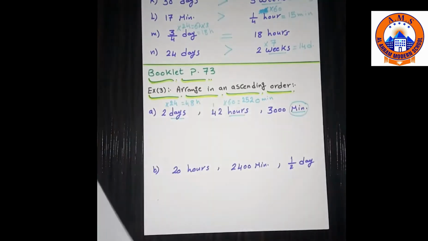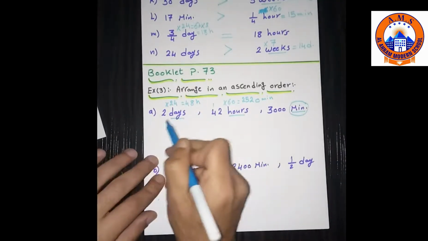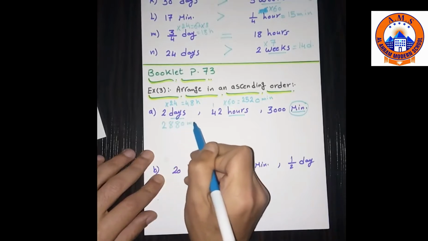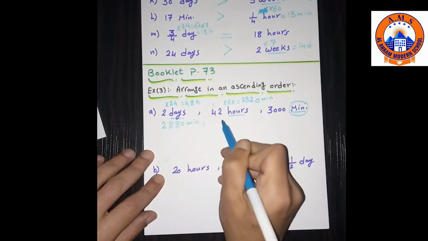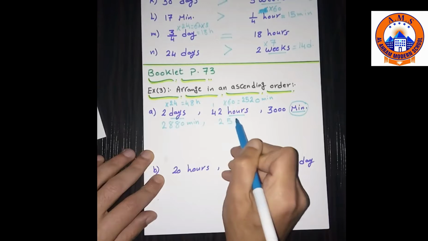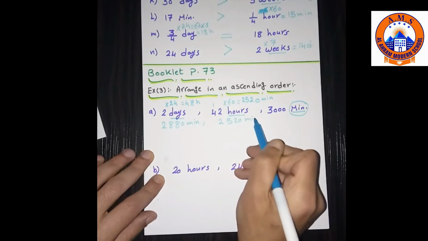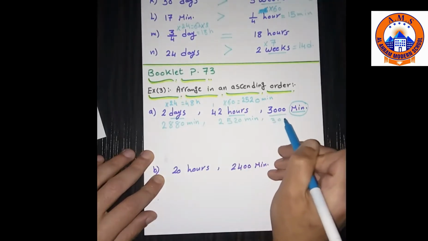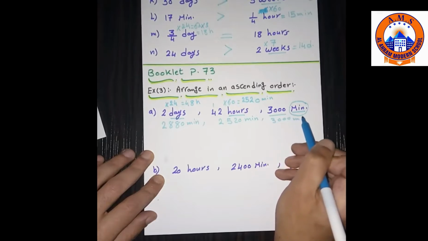I'm gonna change these 2 days into 2,880 minutes, and this will be changed into 2,520 minutes, and the last one is in minutes already, so it's 3,000 minutes.